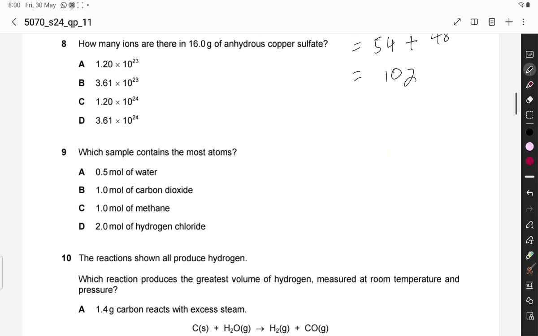How many ions are there in 16 gram of anhydrous copper 2 sulfate? Anhydrous copper 2 sulfate, CuSO4, has 2 ions. First find out the mole of copper 2 sulfate.